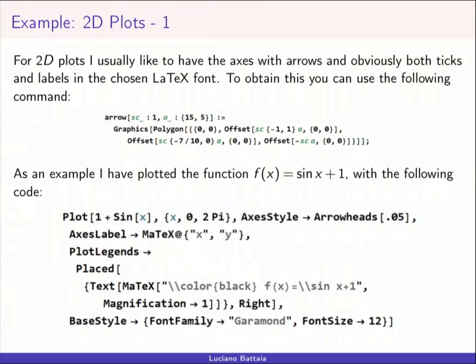To obtain this, you can use the following command that defines arrows. As an example, I have plotted the function f of x equals sin x plus 1 with the following code. I have chosen the axis style using arrowheads and then the labels of axis using MathematicaAndLatex.